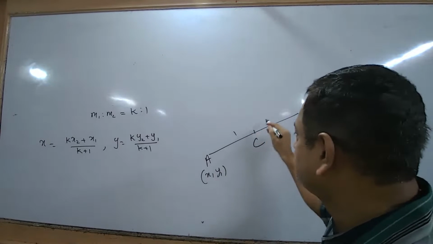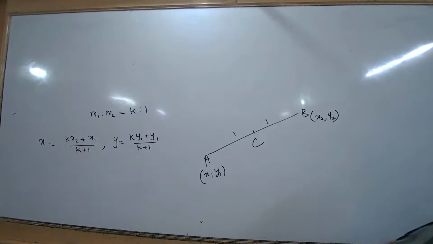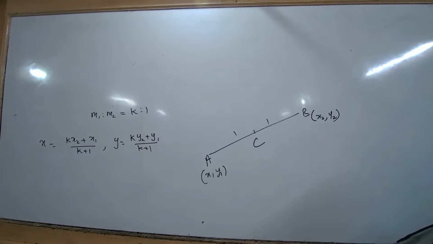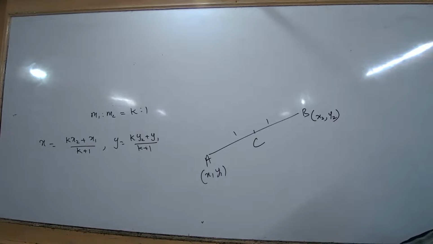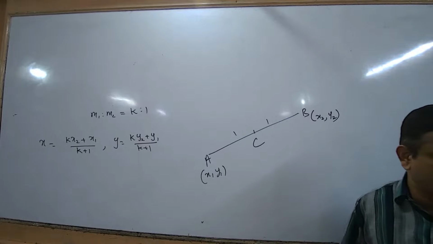M1 is to M2 is 1 is to 1. If C is the midpoint of AB, the ratio will be 1 is to 1. Yes or no? AC will be equal to CB, which means 1 is to 1.